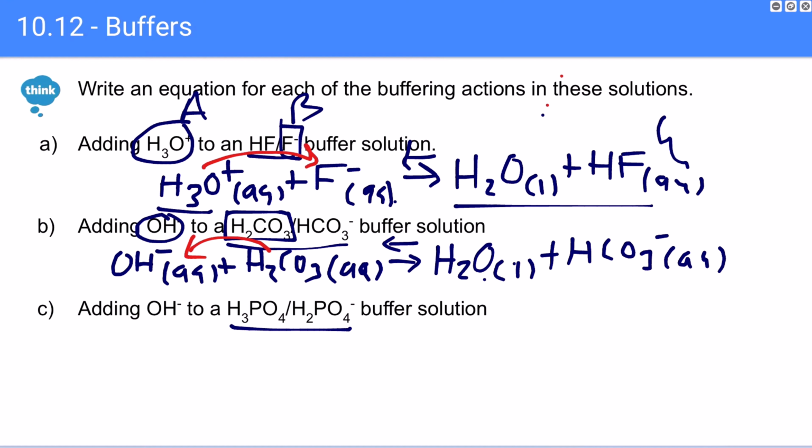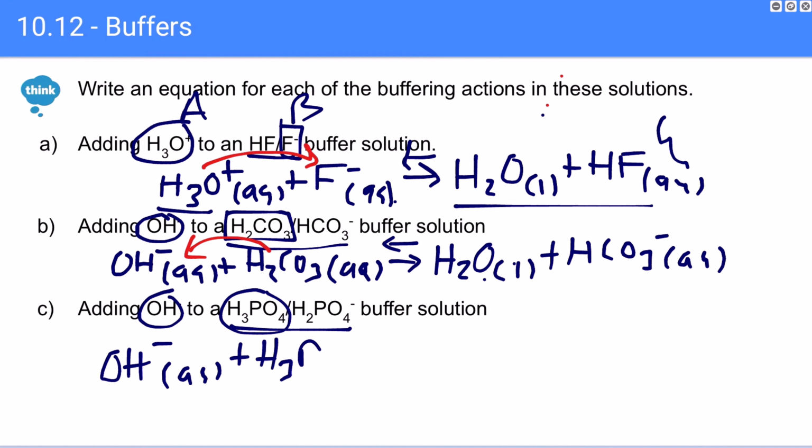For us, we don't need to worry about going back and balancing equations, anything like that. These are already going to be balanced because all we're doing is transferring over hydrogen. So pretty easy to do. Same thing here. We have a base. It's going to be reacting with the acid. Remember, we only transfer one hydrogen over. Don't transfer them all over. So we start off again with OH minus, which is aqueous. We're going to react that with H3PO4.